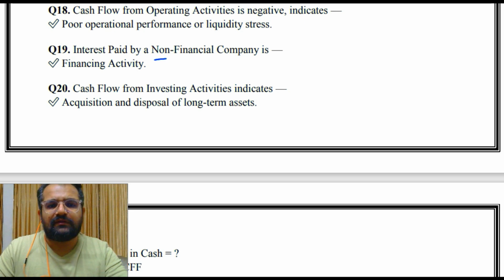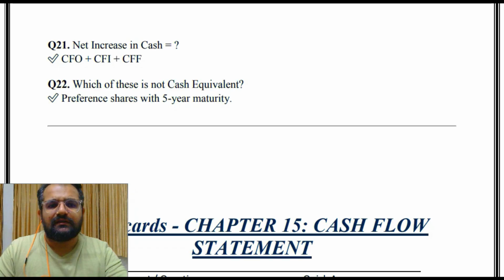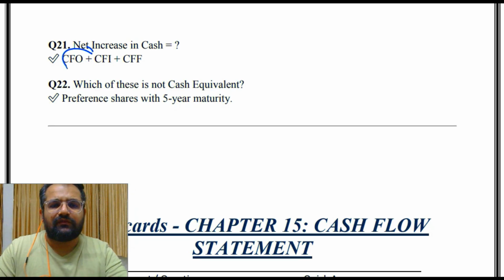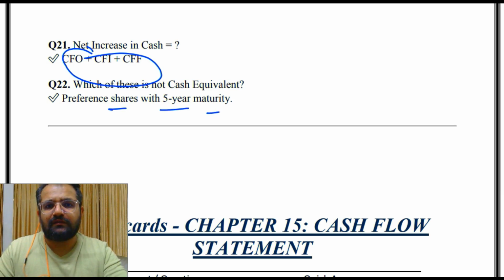Interest paid by a non-financial company is financing activity. Cash flow from investing activity indicates acquisition and disposal of long-term assets. Then net increase in cash is CFO plus CFI plus CFF. Then which of these is not a cash equivalent? Preference share with 5-year maturity.